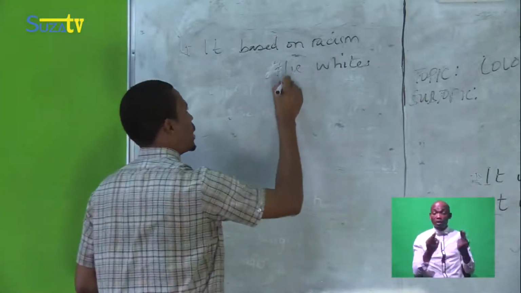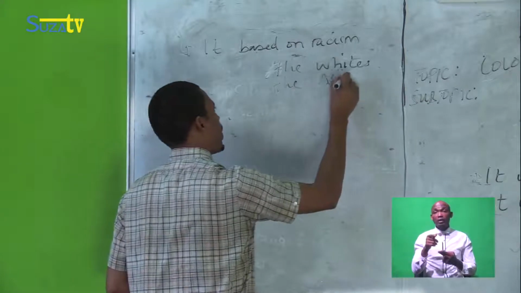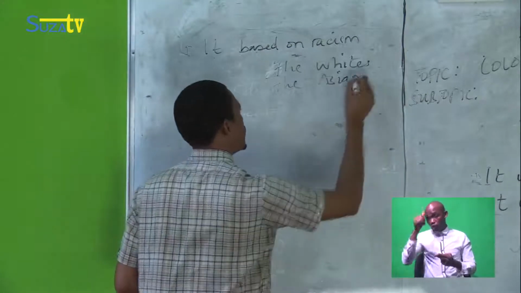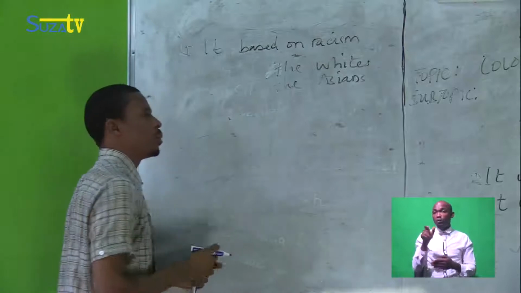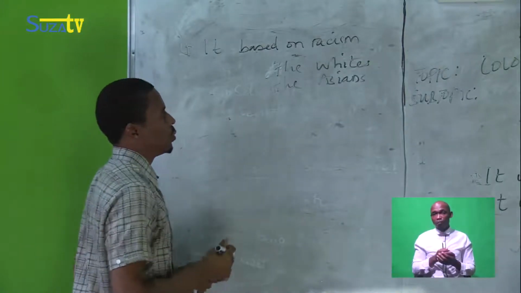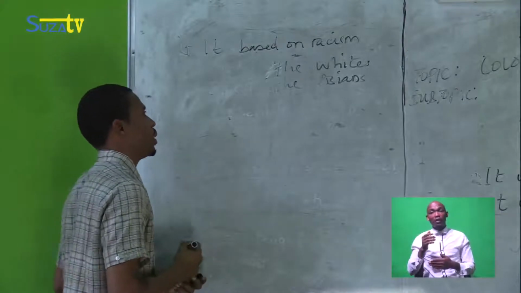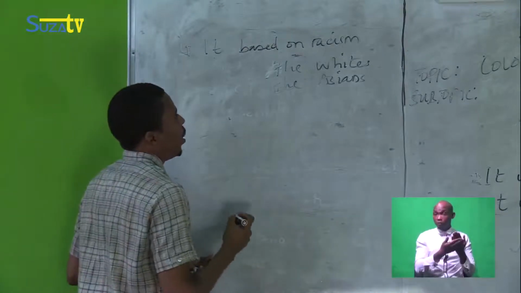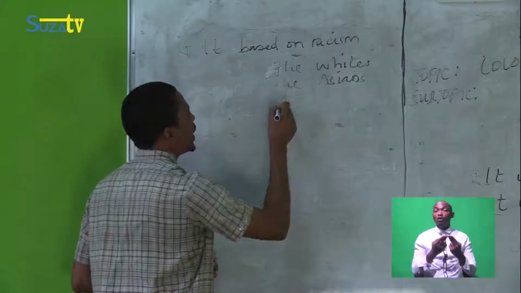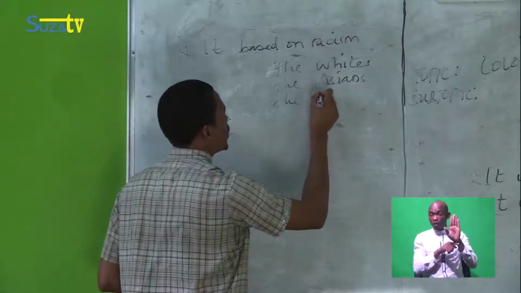Also, we had the Asians, people from India, from Asia, and other Arab countries. Also, we had the Africans. These were the natives.